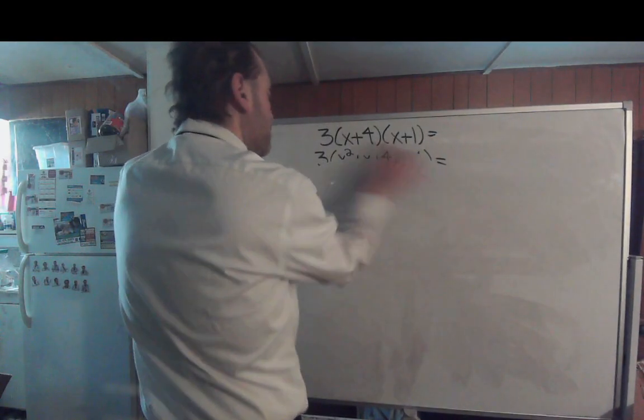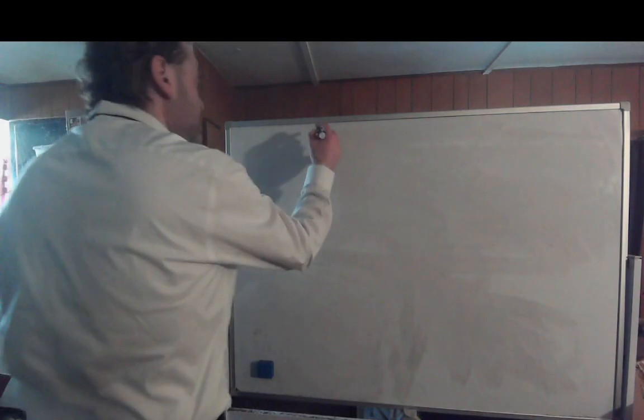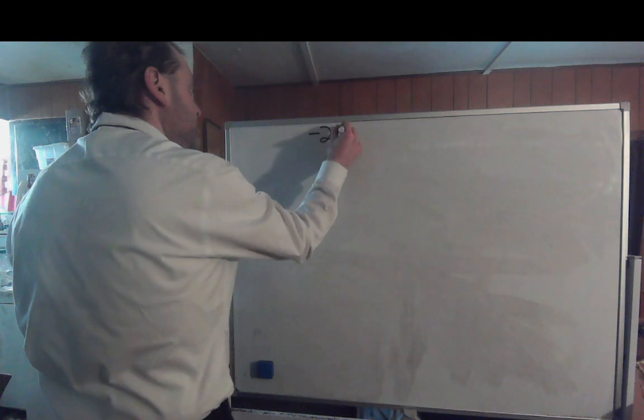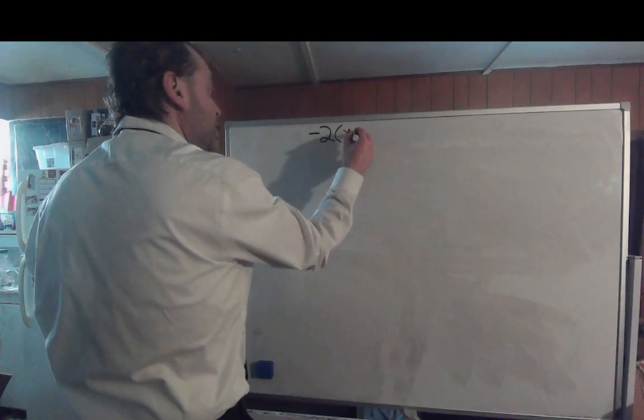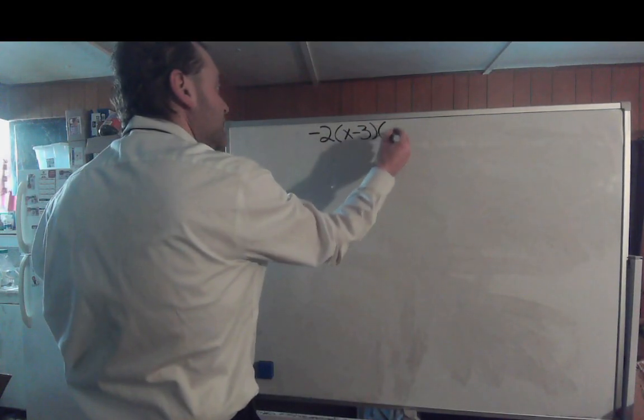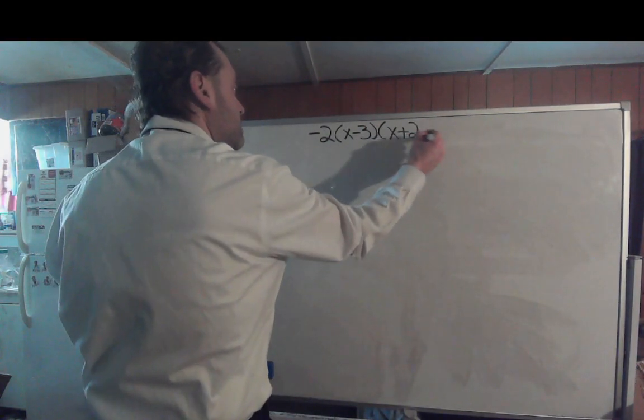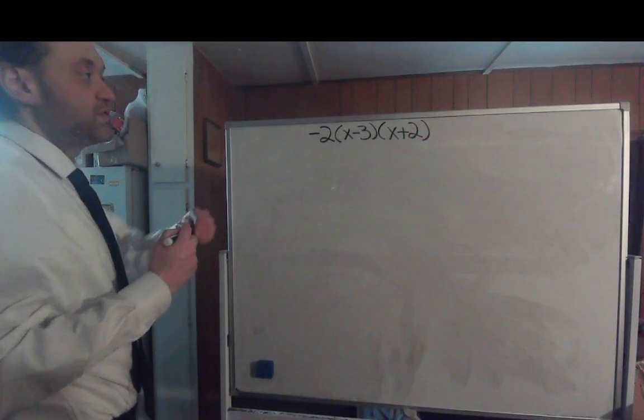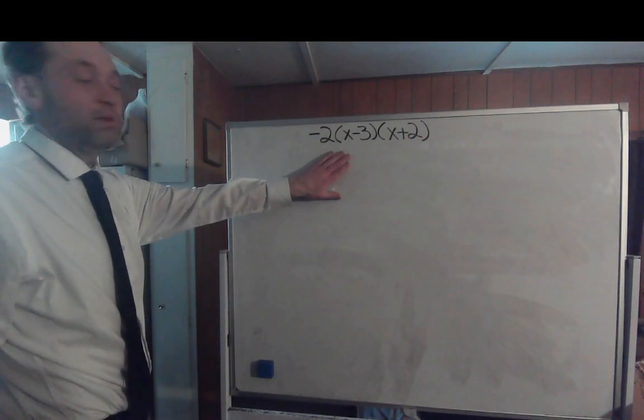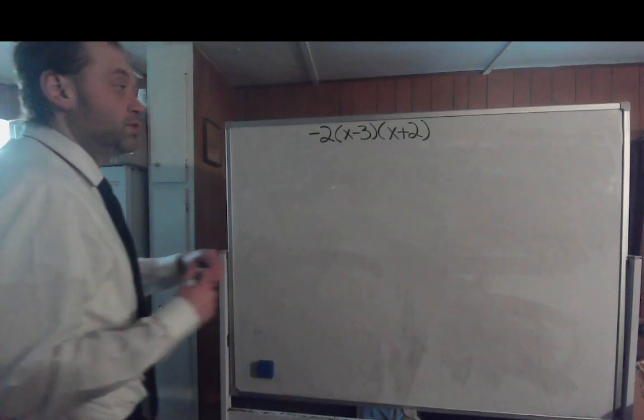Let's do one more for foiling here. We have negative 2 times the quantity of x minus 3 times x plus 2.